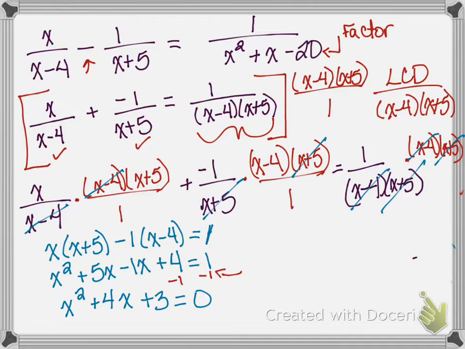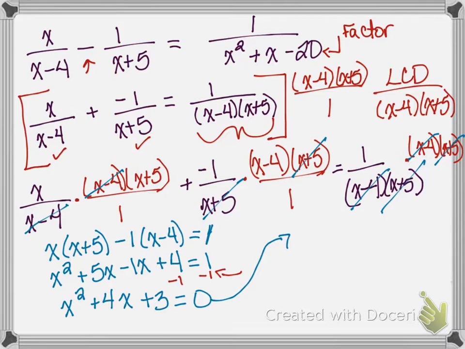Okay, now you may feel like you did something wrong because this one can be factored. You didn't do anything wrong, but sometimes when we get something easy, we get nervous. What does x squared plus 4x plus 3 factor to?